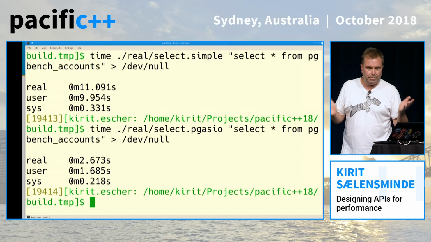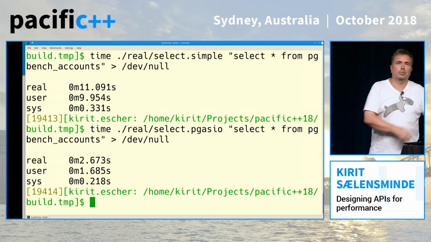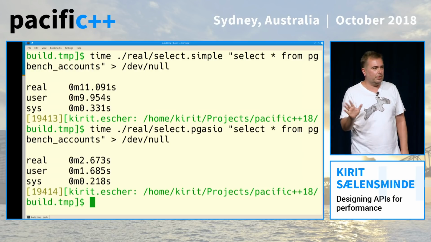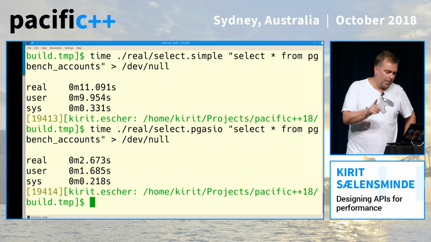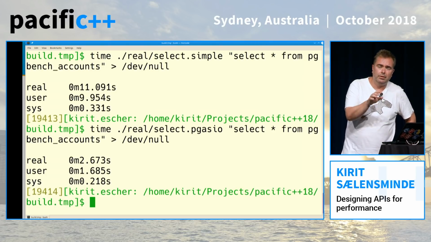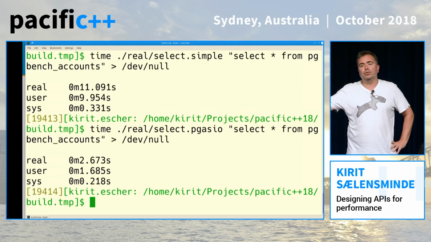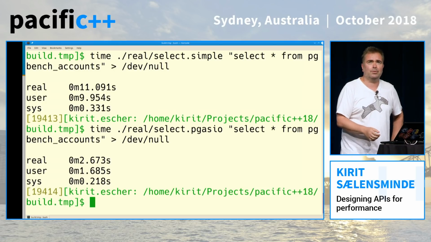Compared to our slowest version, which was nearly 20 seconds for this, that's getting close to 10 times. And compared to what you would normally just get through using the standard library, this is somewhere in the region of 5 times faster.